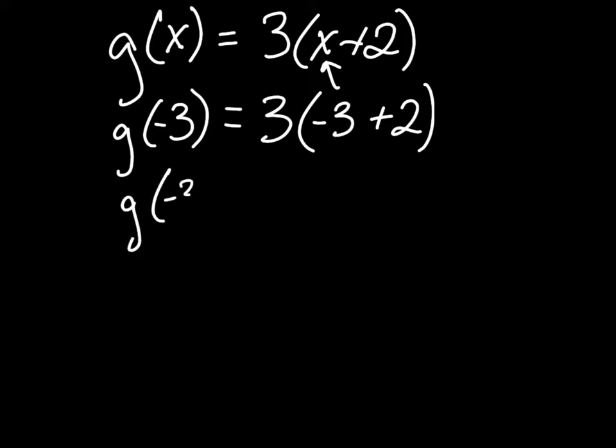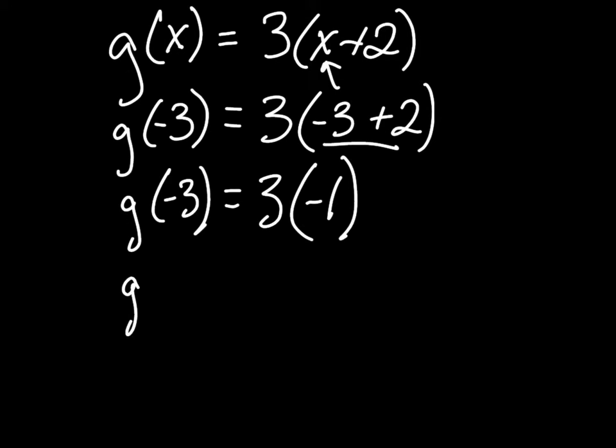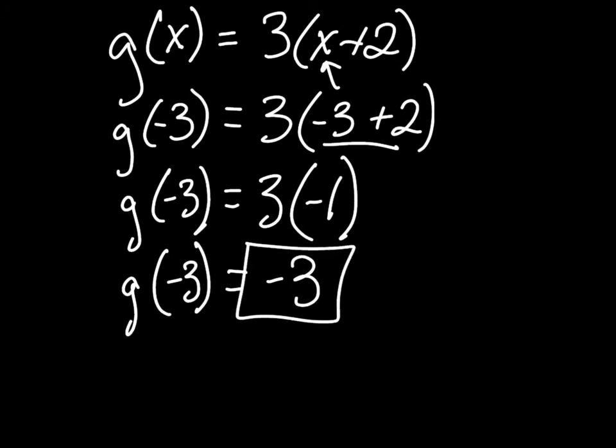So g of -3 equals, remember you're going to do what's inside the parentheses first. So 3 times, well, that's just -1. So g of -3 equals -3. Simple stuff.